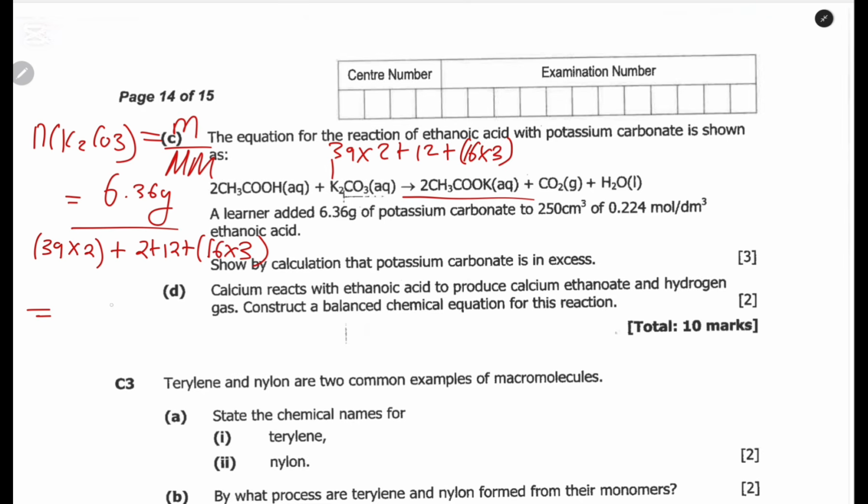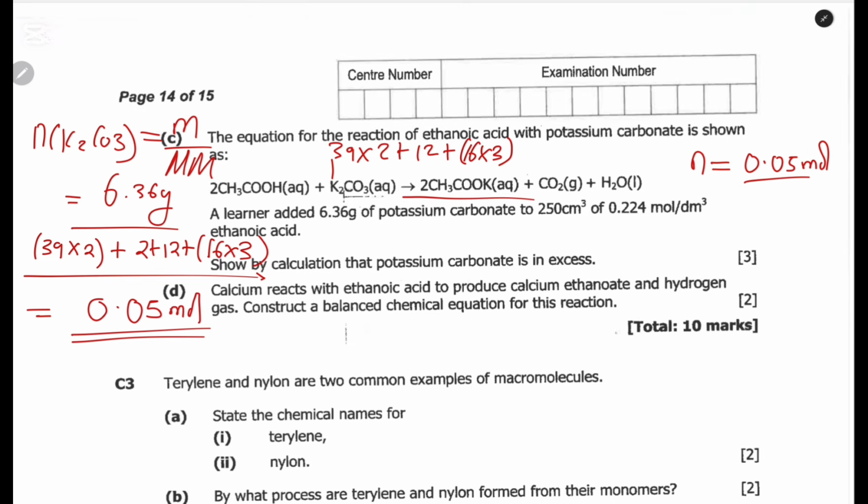Here, the answer, we should be able to find 0.05, since we are finding number of moles, so moles. So these are the number of moles of potassium carbonate. Be able to confirm at the bottom here and make sure that you know how it is done. Make sure that you do the correct multiplication here. So we can write here in advance, number of moles of potassium carbonate, 0.05 moles.